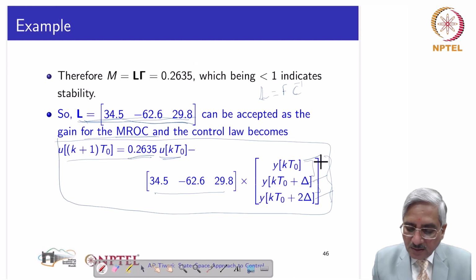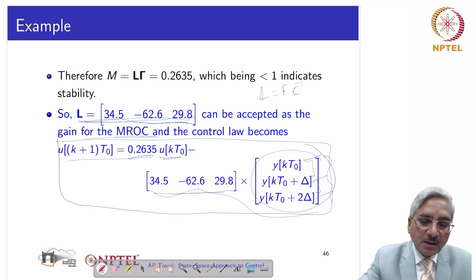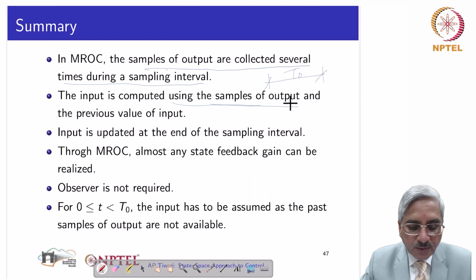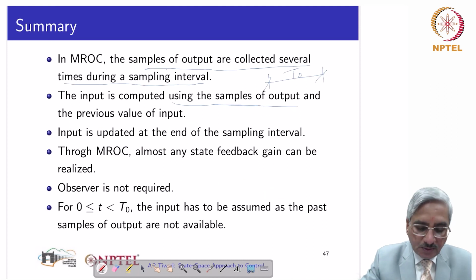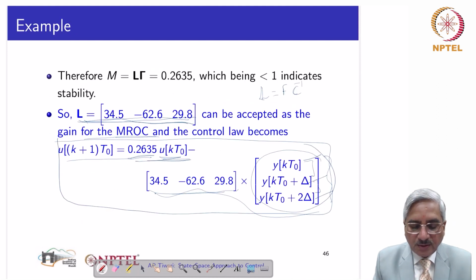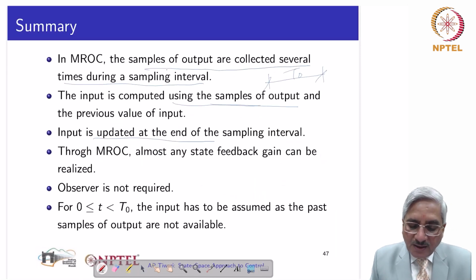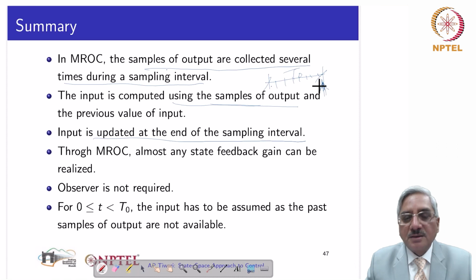Input is computed based on these samples through this product, L times Y. So input is computed using the samples of output and the previous value of the input. This is the previous value of the input. And it is updated at the end of the sampling interval. So we will collect all the output samples here, and then U(k T0 plus 1) will be applied here, which will be computed based on all these.